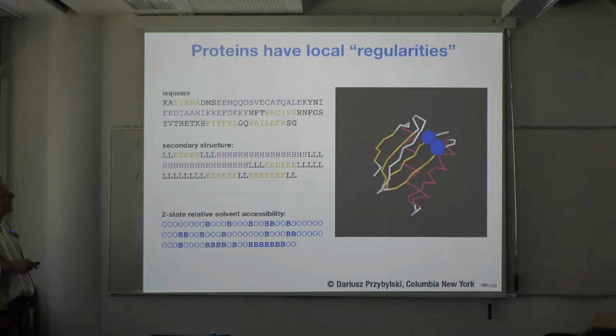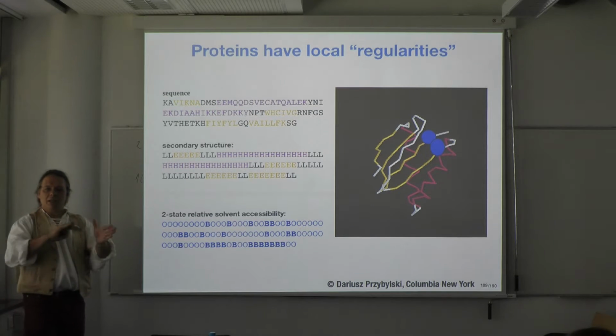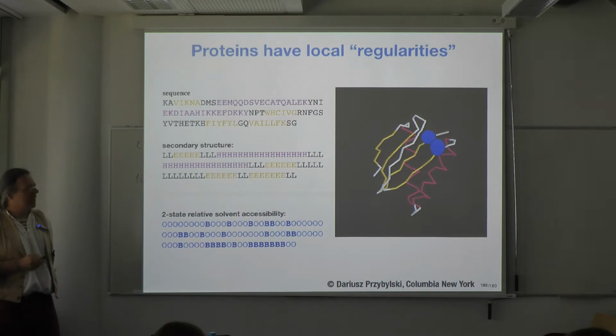You could imagine that similarities between two proteins are not only visible on the level of the sequence, but also on the level of the string of secondary structure and on the string of solvent accessibility. So there's a particular pattern at which residues come in and out, hydrophobicity patterns.